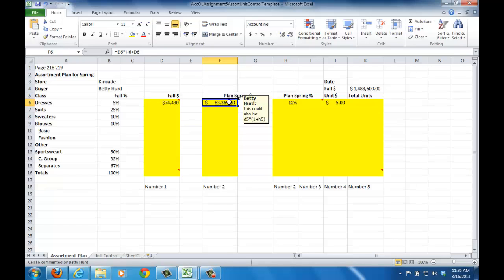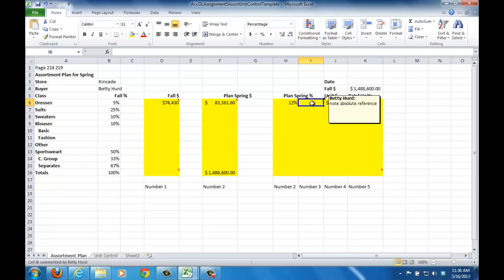But the one thing we need to do is make sure that we multiply first and then add, which theoretically is the correct order of operations anyway, but sometimes it's good just to get that habit. Okay, so these are our new spring dollars, and I'm just going to make up a number down here. Actually, this number is the same. The actual dollars stay the same. I'll give you that little hint there.